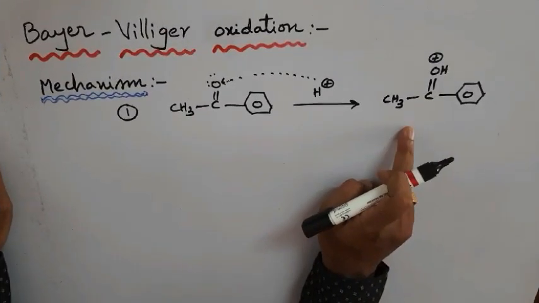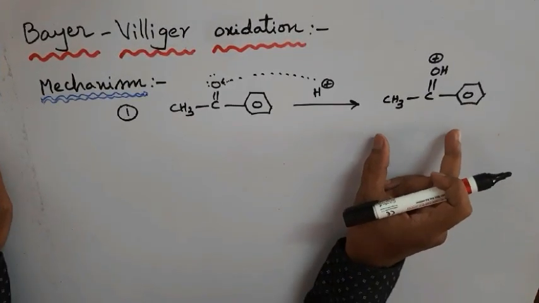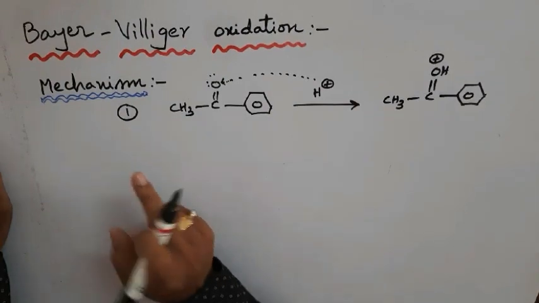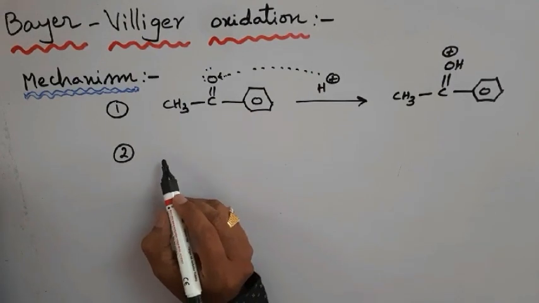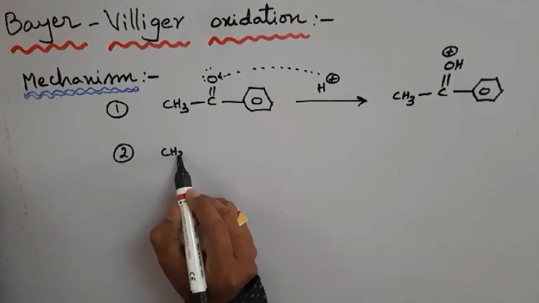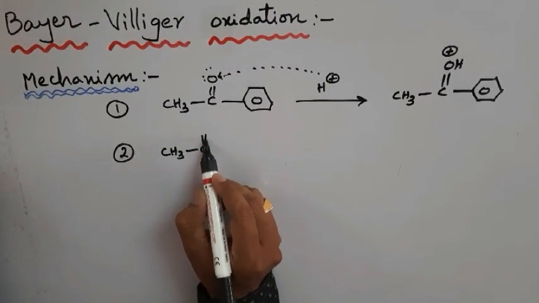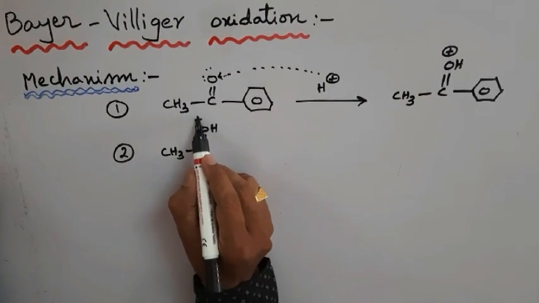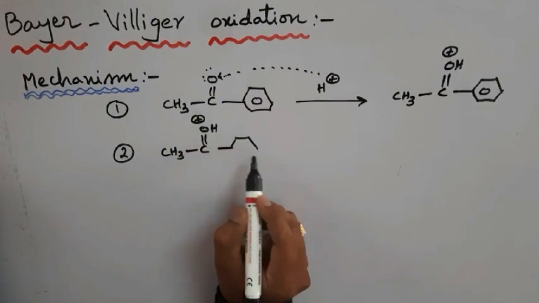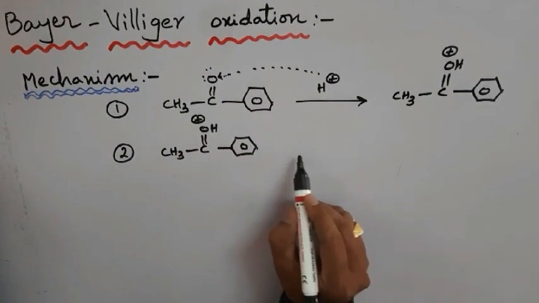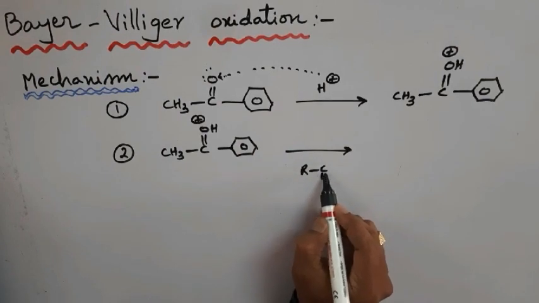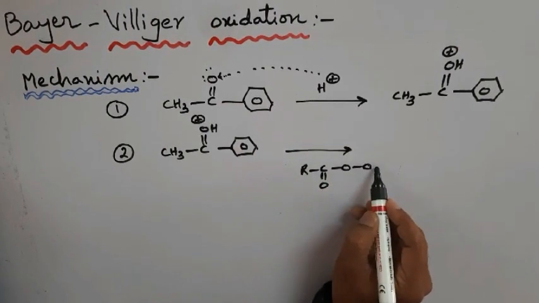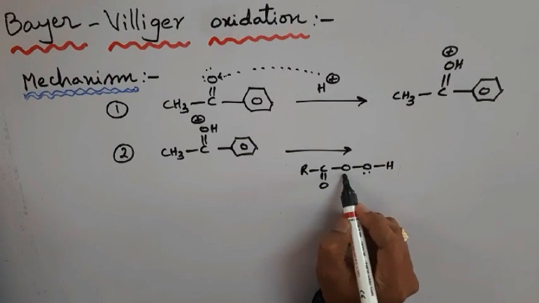Now this protonated carbonyl compound obtained in step 1 will be treated with the peracid, as shown here. I can take any peracid of my choice. I am taking R, C double bond O, OH.